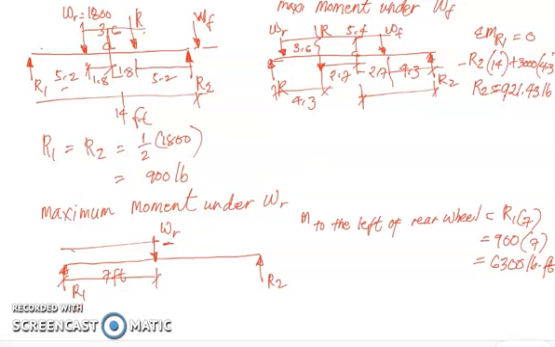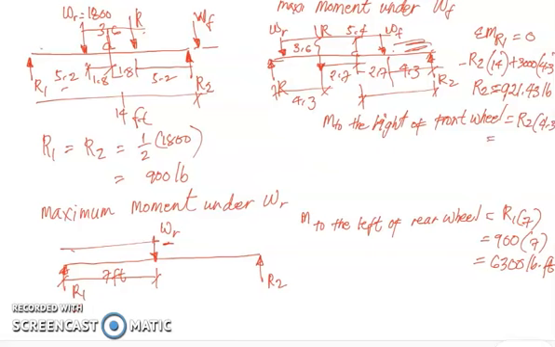Then we're going to have now the maximum moment. Moment to the right of the front wheel. So if this will be our front wheel, this is our front wheel. So moment to the right of the front wheel, so we consider this portion. So that is R sub 2 times 4.3.